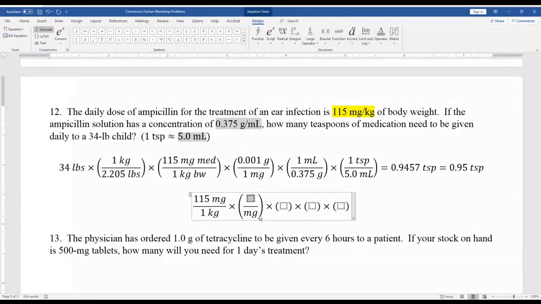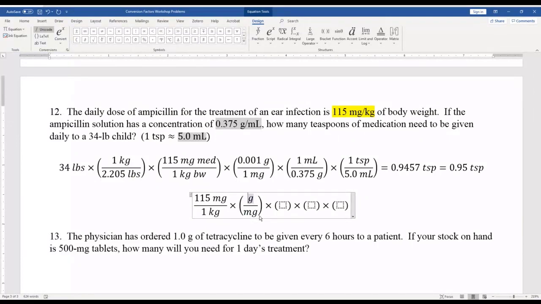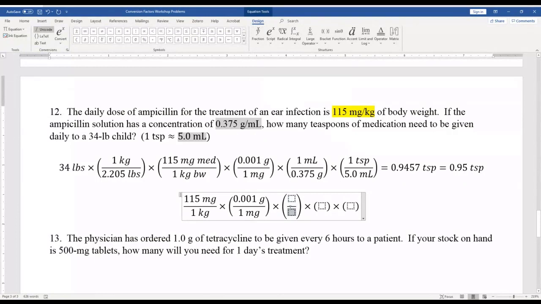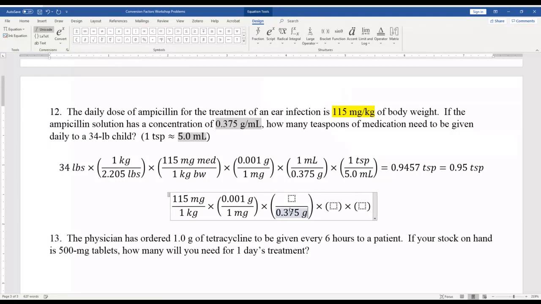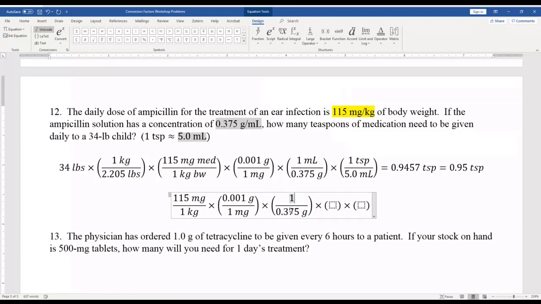That's the milligrams on bottom, and then once again, that's milligrams of medicine, so I'd have to convert to grams of medicine. 0.001 grams equal to 1 milligram, and then that grams of medicine would have to get converted into milliliters. So we would do 0.375 grams equal to 1 milliliter.